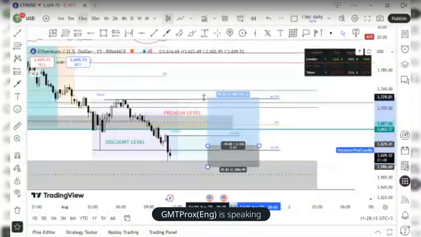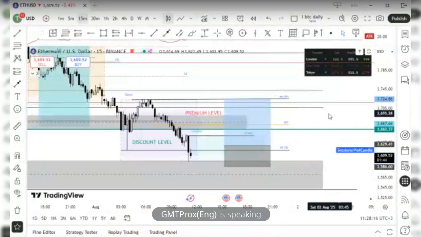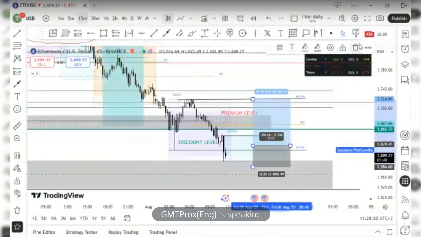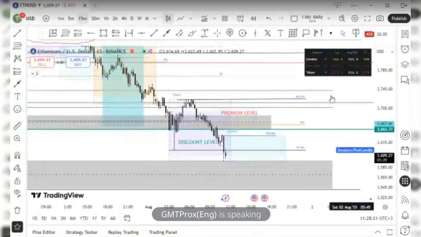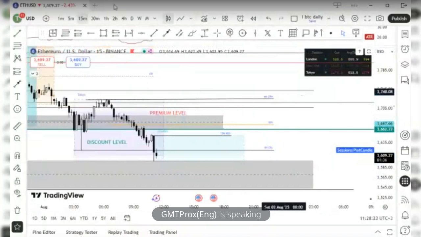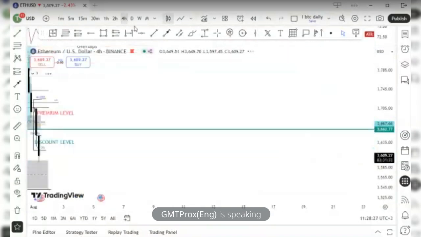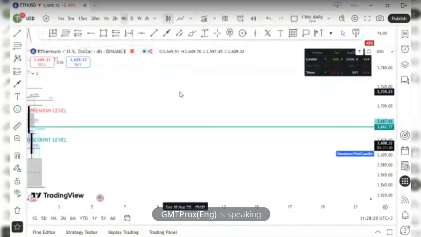So it will be a 1 to 2 ratio, something like that. So far we are just learning, just guessing, but we have to wait. Now if you go to the 4-hour time frame, look, this is what you should see.